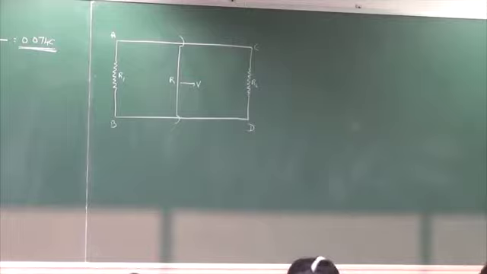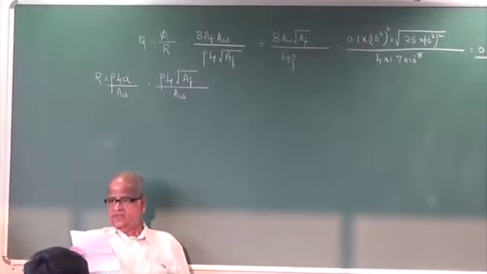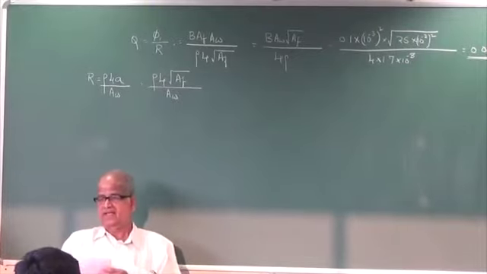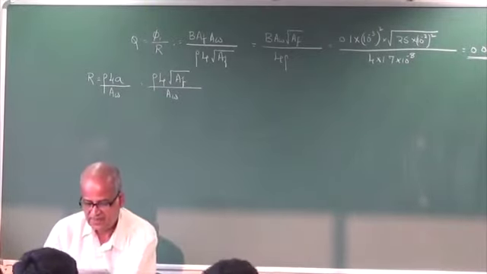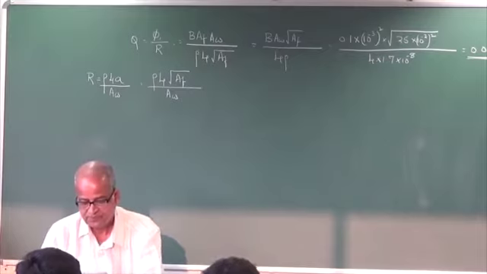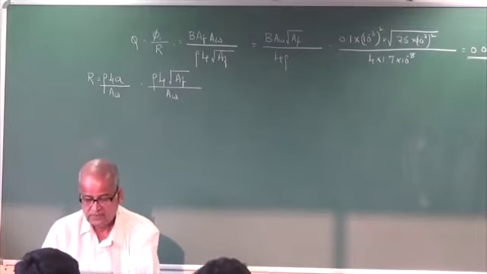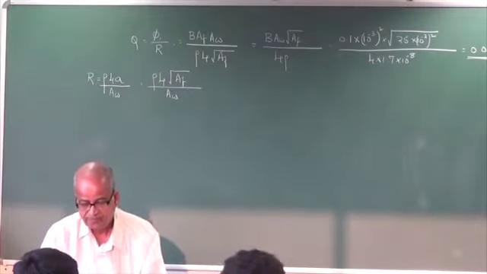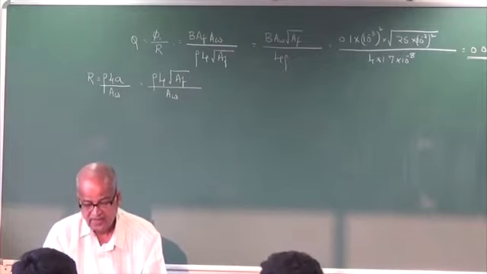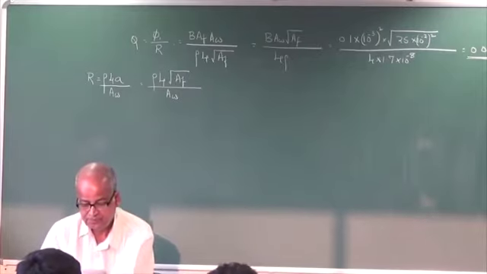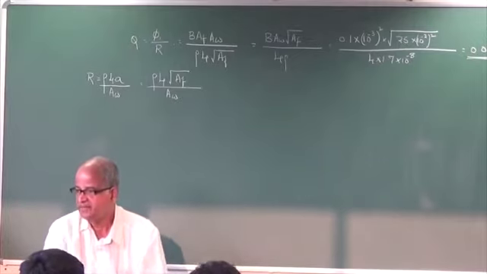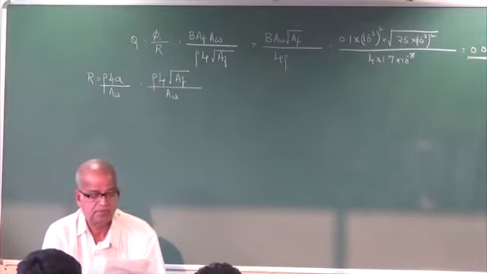Write down. A straight wire of length small l and resistance capital R is sliding on a rectangular loop in a uniform magnetic field applied perpendicular to the loop.